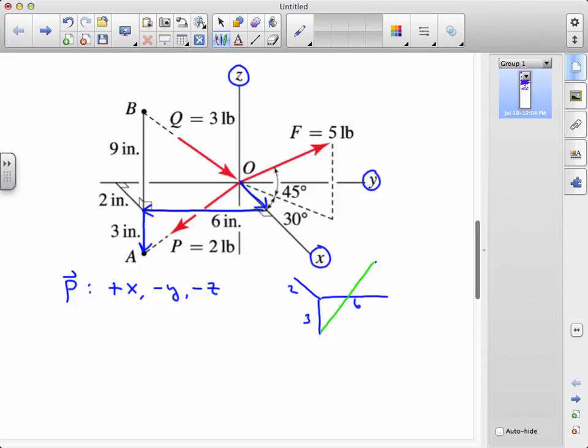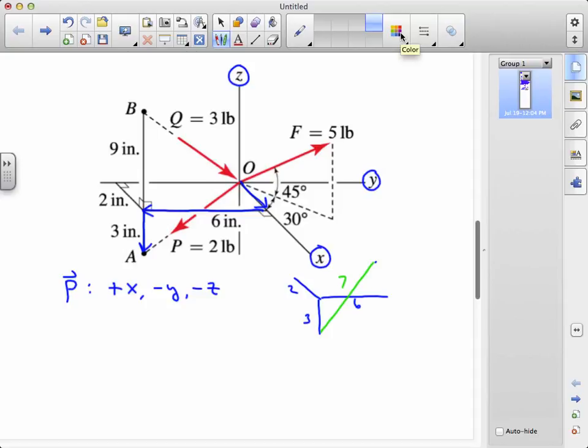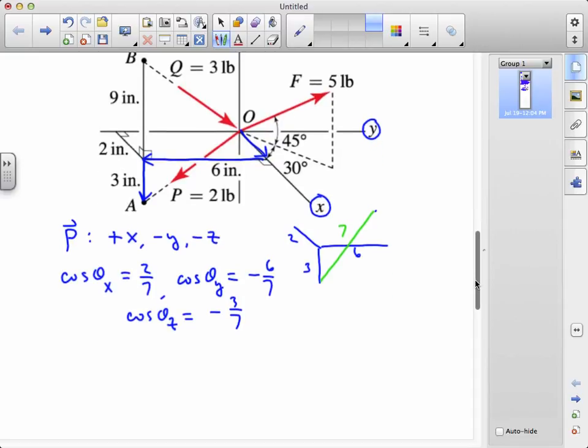So it turns out that if we take the square root of the sum of the squares of 2, 3, and 6, that this length is 7, and so we can say that cosine of theta x is 2 over 7, cosine of theta y is minus 6 over 7, and cosine of theta z is minus 3 over 7.